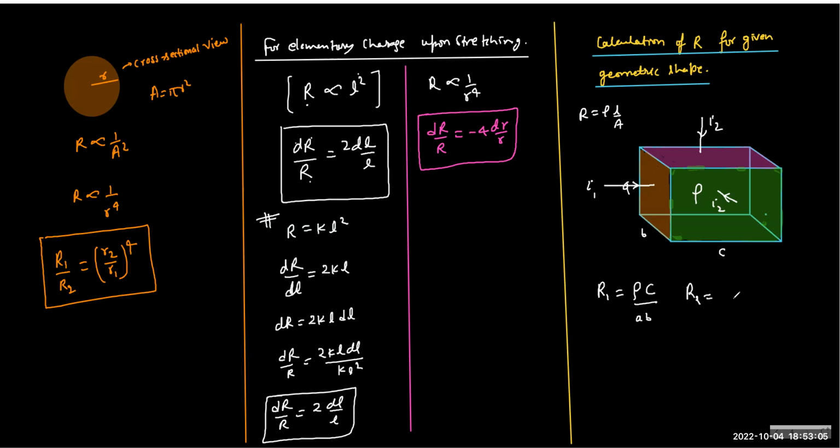So R2 is how much? R2 means for I2 actually. So what is R2? Rho A upon BC. Rho A upon base. And R3? Rho B upon AC.